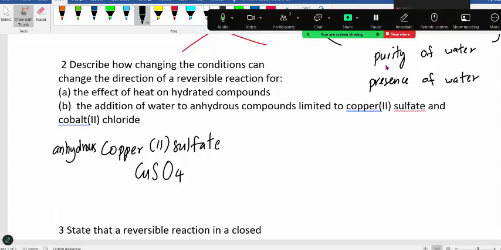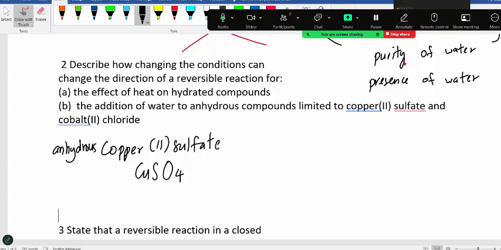Okay, presence of water and purity of water are different. Purity of water means the sample that I have is 100% water, nothing else. Presence of water is whether there is water or no water. It can be drain water, it can be apple juice, can be anything, but it's got water or not.